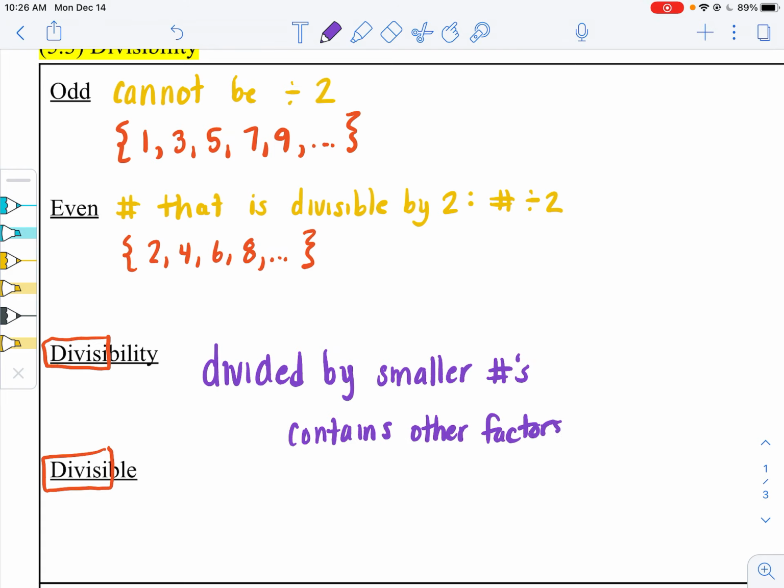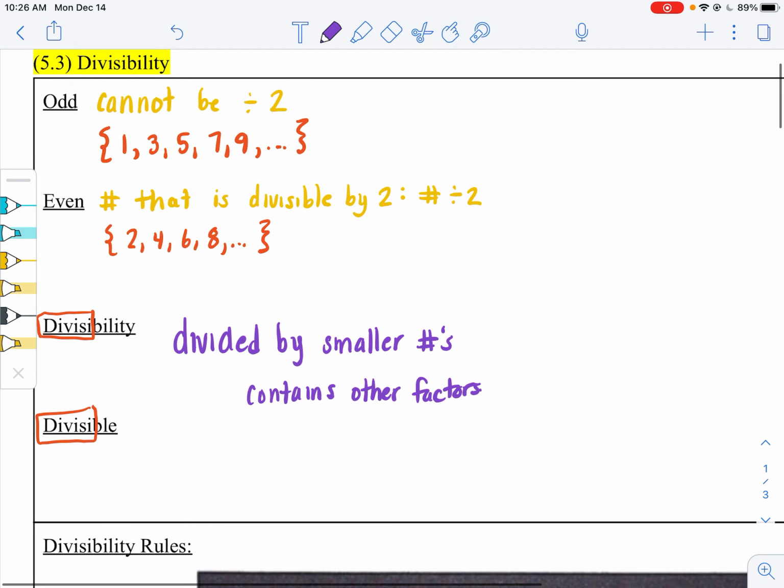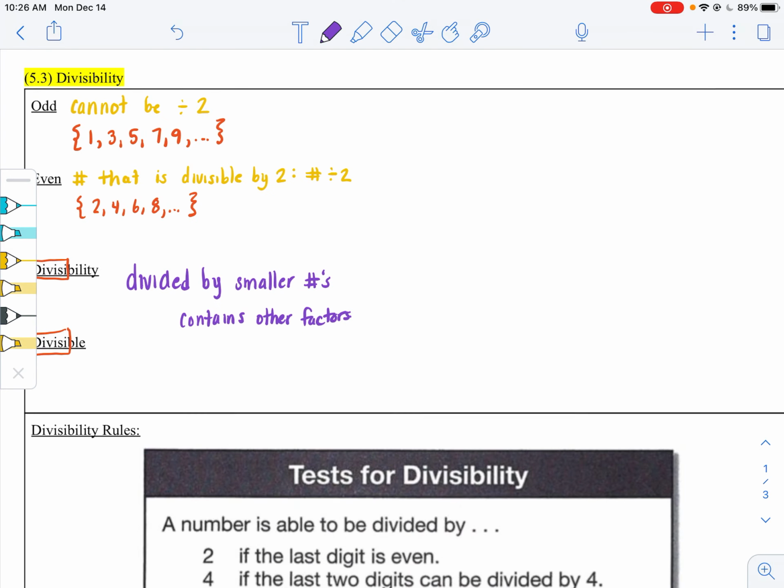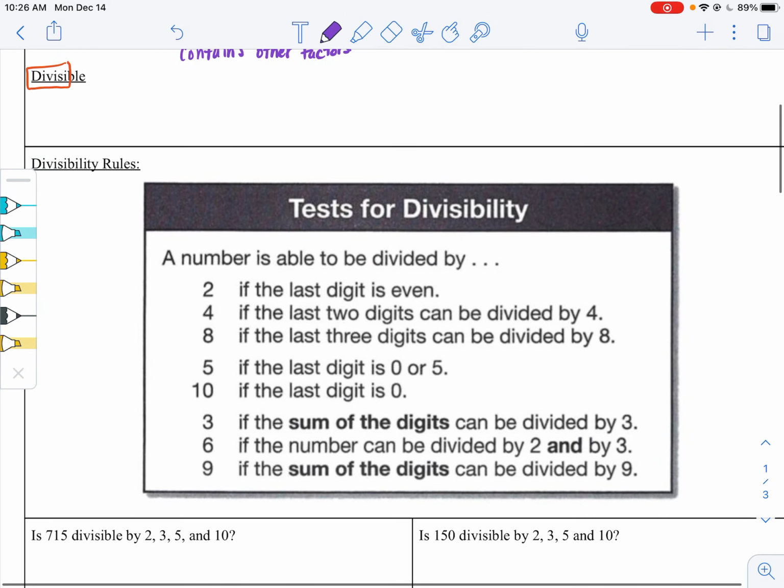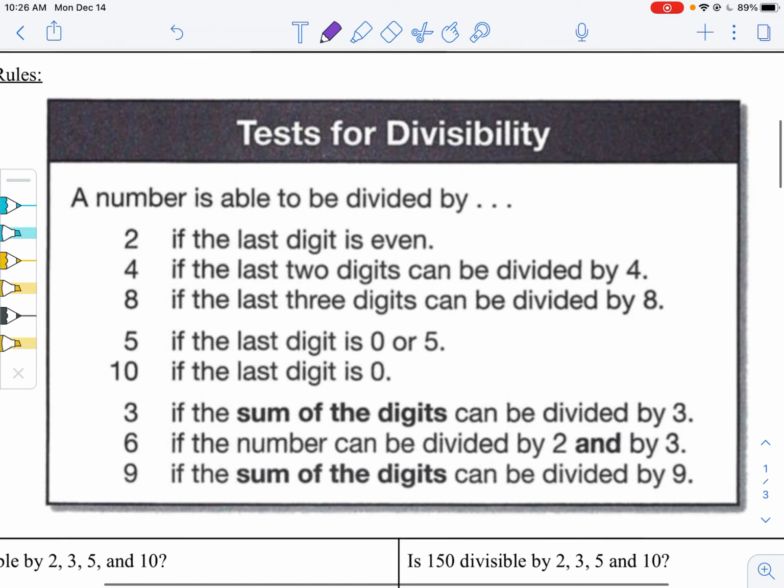So 12 is divisible by 3. It could be divided by 3. It could be divided by 4. So we have these rules to help us make sure that we can divide certain numbers into bigger numbers.